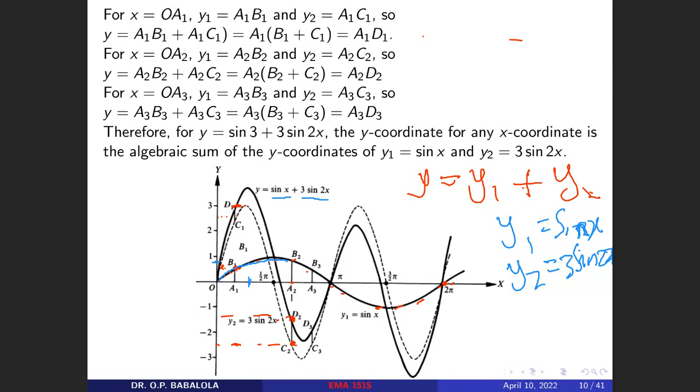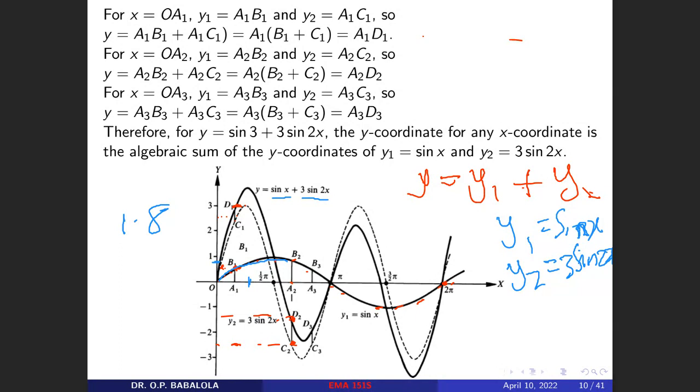And let's say the value here on the y-axis is 1.8.